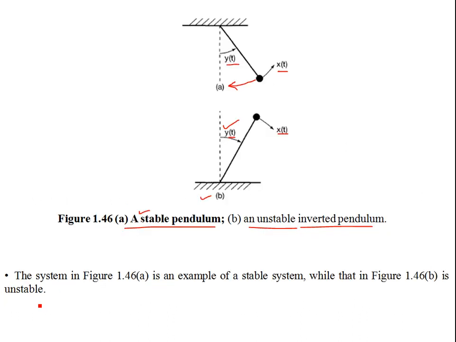That's the definition of a stable and unstable system. So 146a is an example of a stable system, while an inverted pendulum is an unstable system. Even for a small excitation, you have a large diverging output. The vertical angle is growing, and it gets toppled over. That's the action of gravity. So y(t) is growing. This is an unstable system.